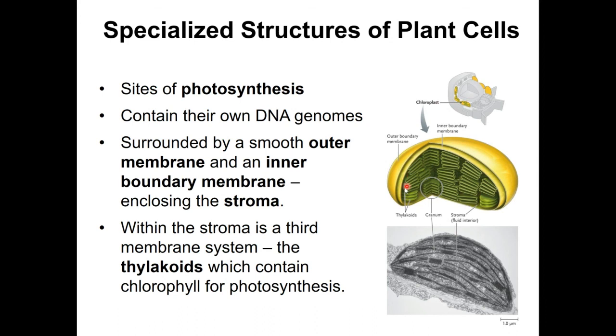These are the sacs that are super rich in pigments, and therefore they have the function of capturing the light. And that's what really gives the green color, because of chlorophyll, to the plant cells that do contain them.